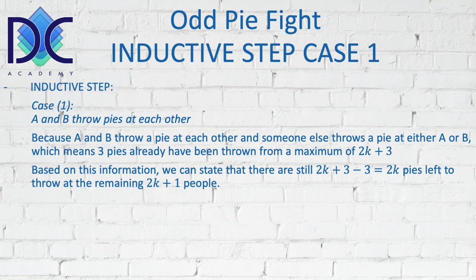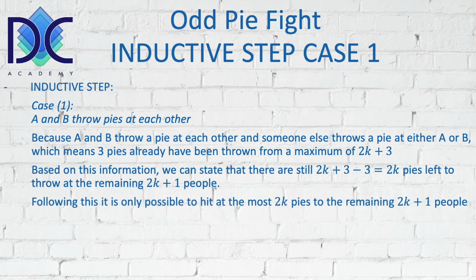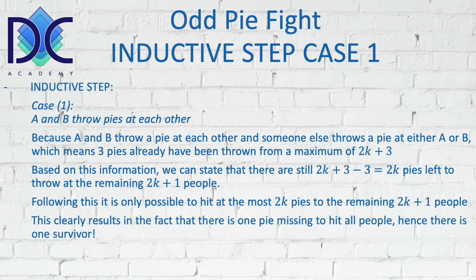Now here we see we have 2k pies, but there are still 2k plus 1 people. So it means that the people will be hit except one person. So it's only possible to hit at the most 2k people of the remaining 2k plus 1 people, which means that there is one survivor. So basically case 1 has been proven by this.